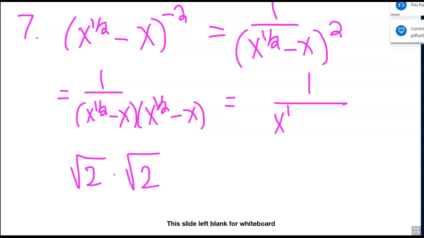Well, if you have the same square root times itself, you got 2. So now this was like the square root of x times the square root of x, which becomes x.